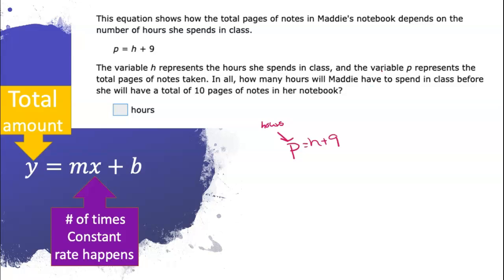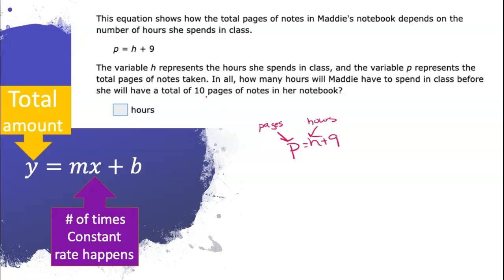Oh no, wait a second, the variable P represents the total. H is hours spent in class, the variable P represents the total pages. Well, let's fix that. The hours goes with H. P is my pages of notes.